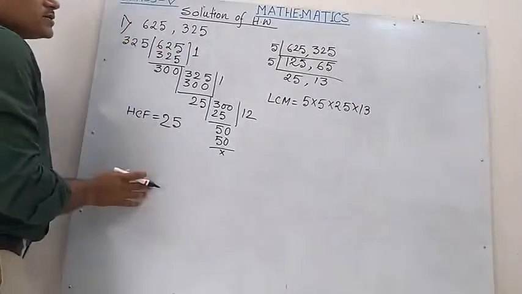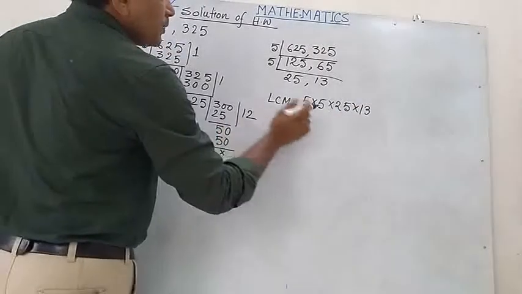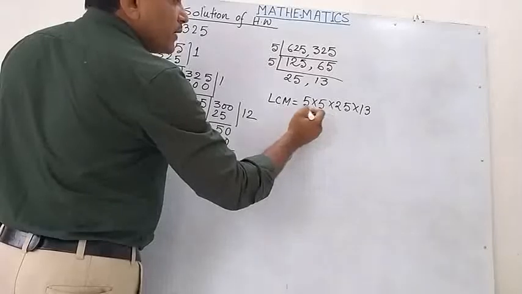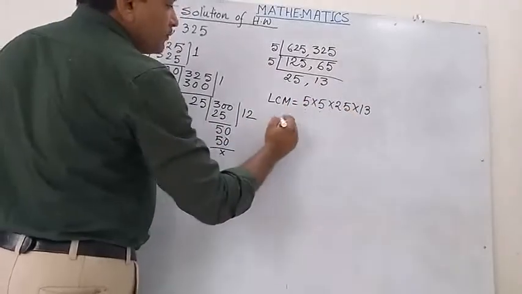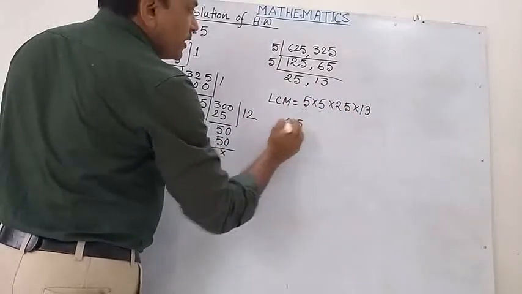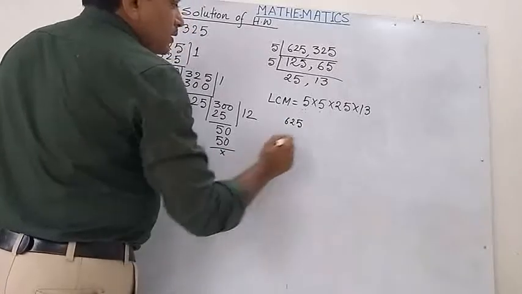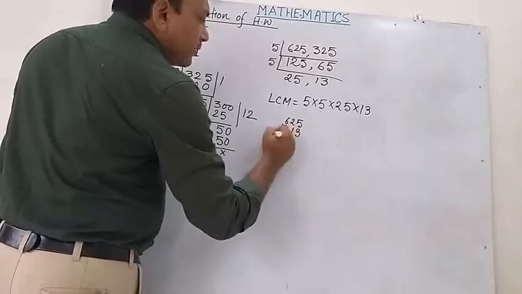So what is the result? 5 fives are 25, 25 into 25 is 625, into 13.